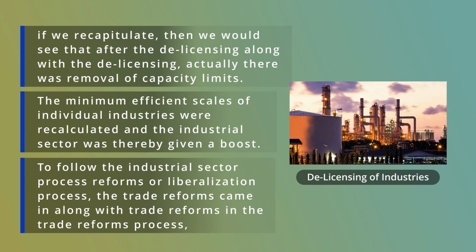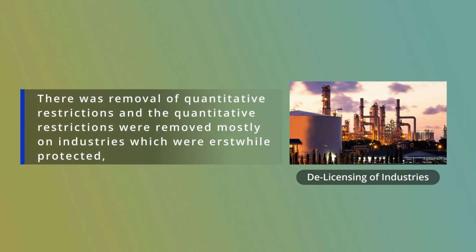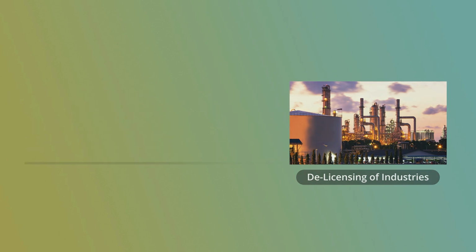In the trade reforms process, there was removal of quantitative restrictions, and the quantitative restrictions were removed mostly on industries which were erstwhile protected, that is the capital goods industries and intermediate goods industries, so that the economy imports capital goods and intermediates from the rest of the world and brings those imported inputs into the production process.